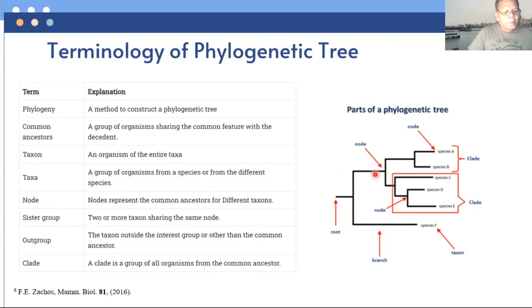Type of phylogenetic tree. A rooted phylogenetic tree is a tree with a unique root node corresponding to the most recent common ancestor of all entities at the leaf of the tree. A rooted phylogenetic tree is a diagram which shows the last common ancestor of the group.